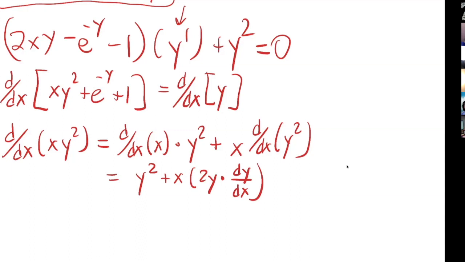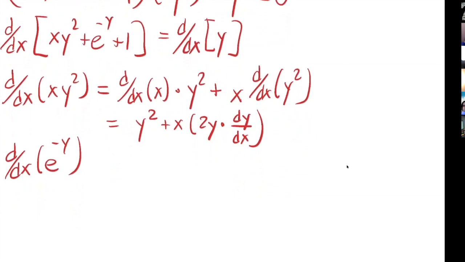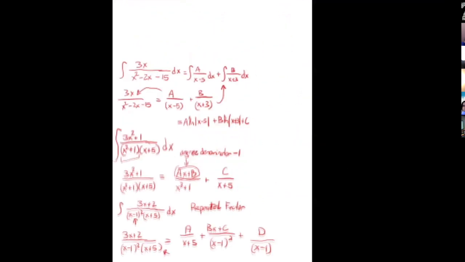Okay, and then let's take a look at the next term, which is e to the minus y, and I think the others are pretty straightforward. If I want to take a derivative of this, this is a composite function. So we would want to use the chain rule on this.